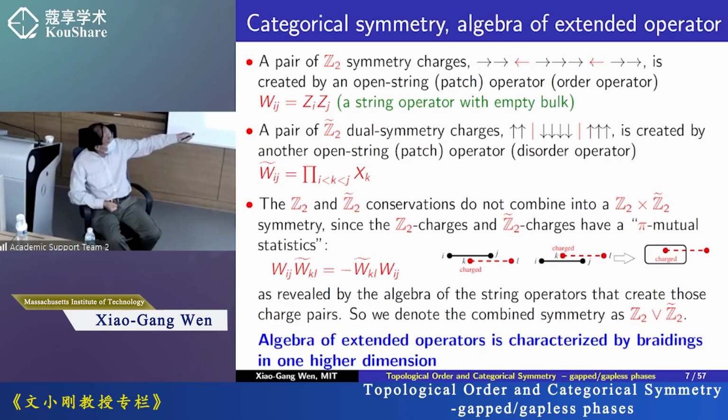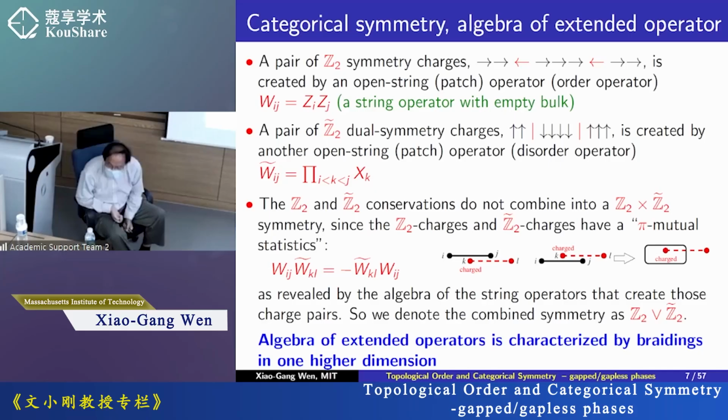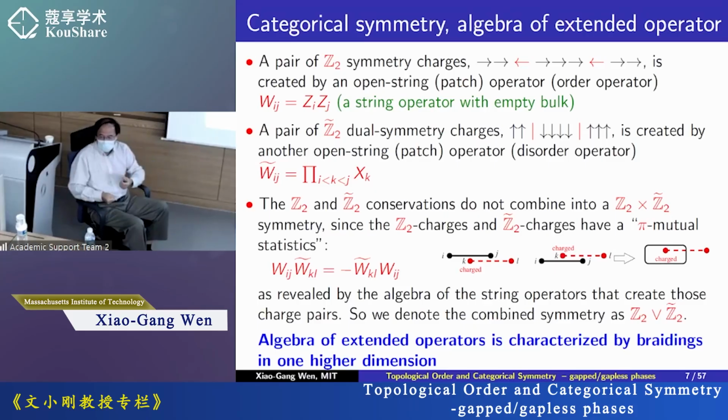Then we also view Zi Zj as a string operator, just a string operator with empty bulk. The bulk is identity. So we view both as string operators, and the pair of charges are created by the string operator, with the charges located at the boundary of the string operator. It's a kind of strange way to think of this.